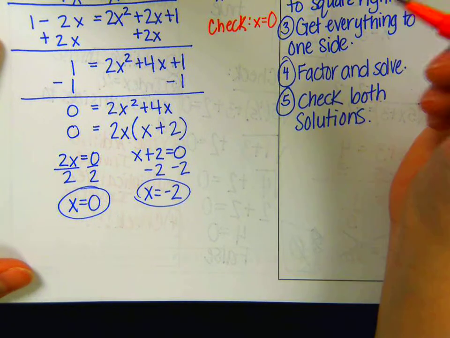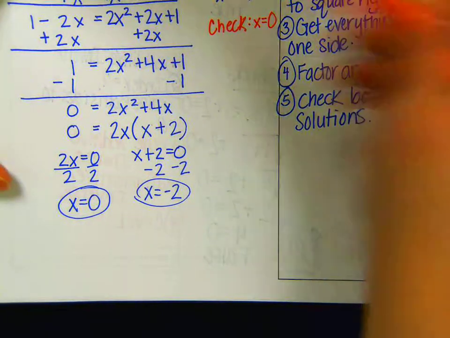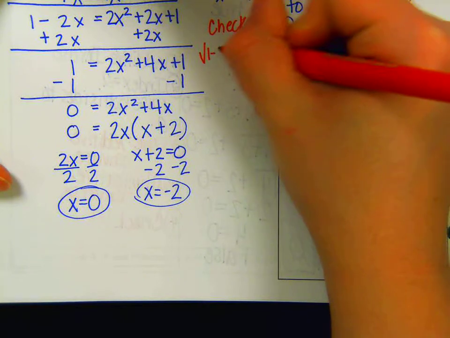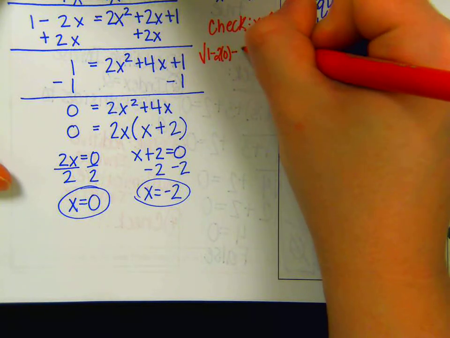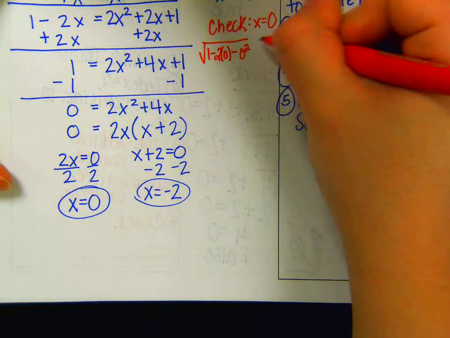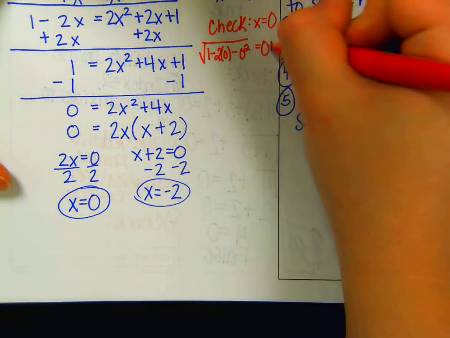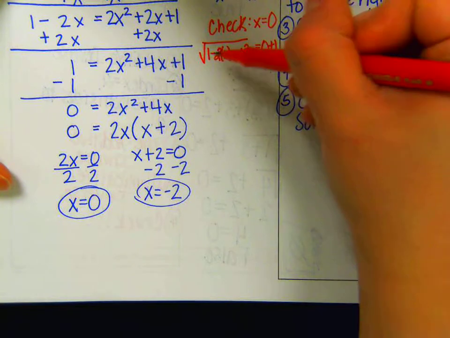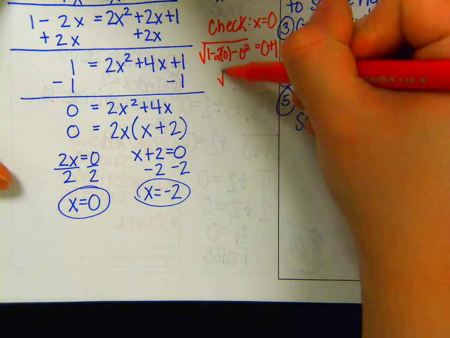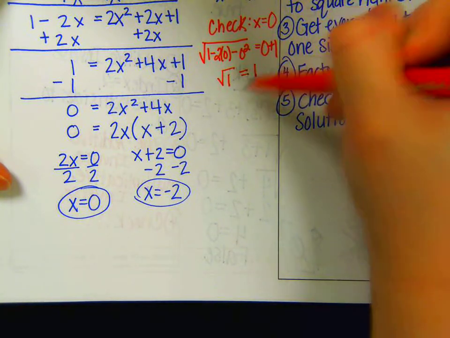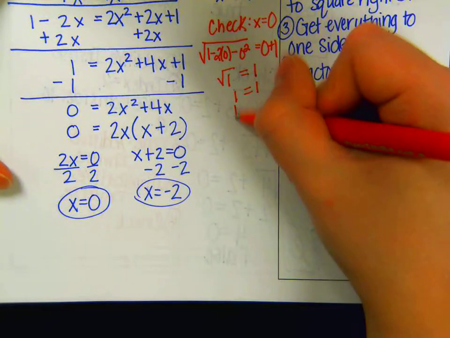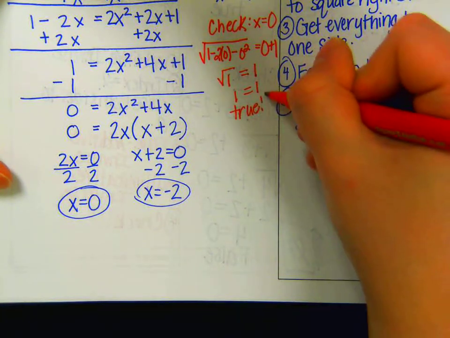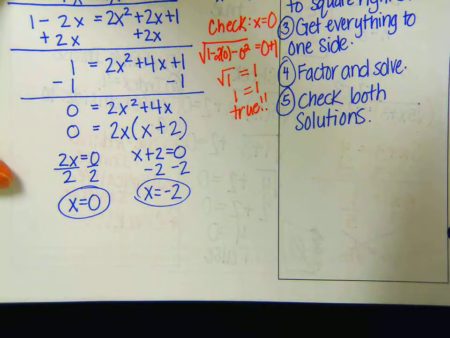Remember, I'm plugging it into the original equation. So it'll be 1 minus 2 times 0 minus 0 squared equals 0 plus 1. 1 minus 0 minus 0, so that's just square root of 1 equals 1. So 1 equals 1, that's true. I have one solution.